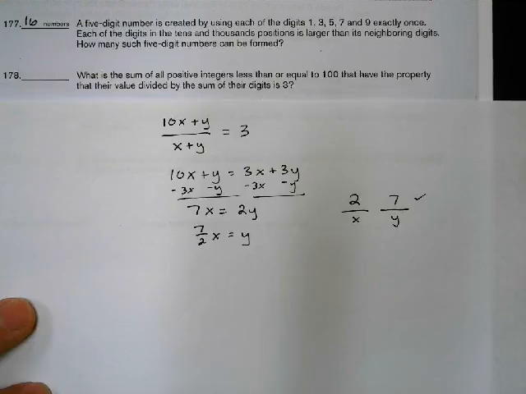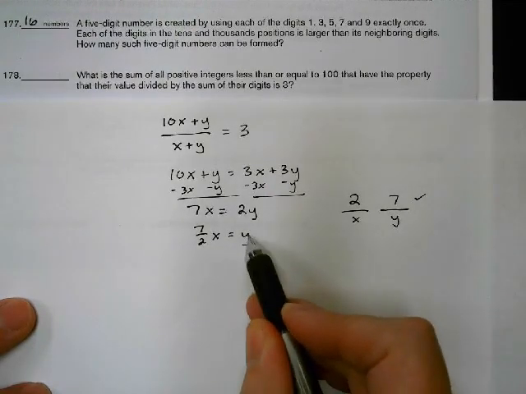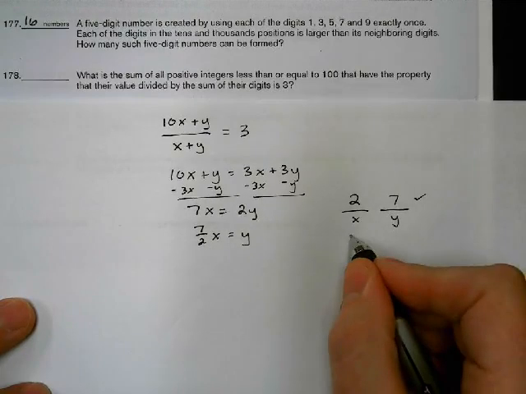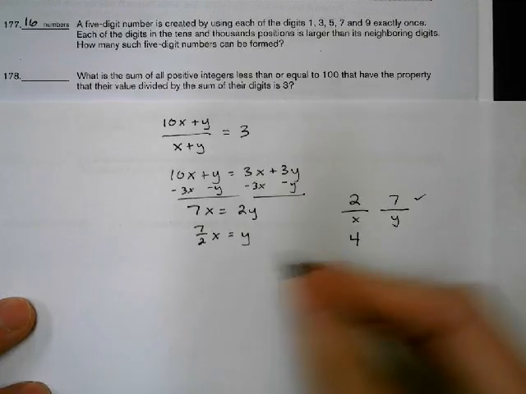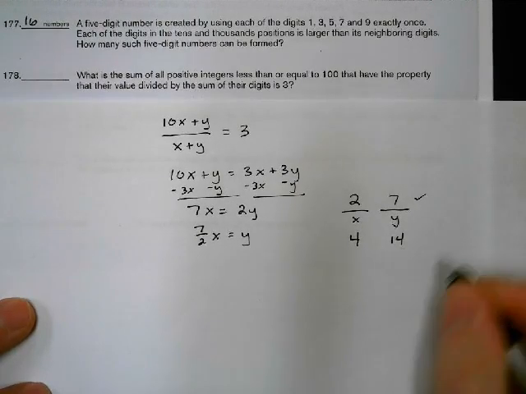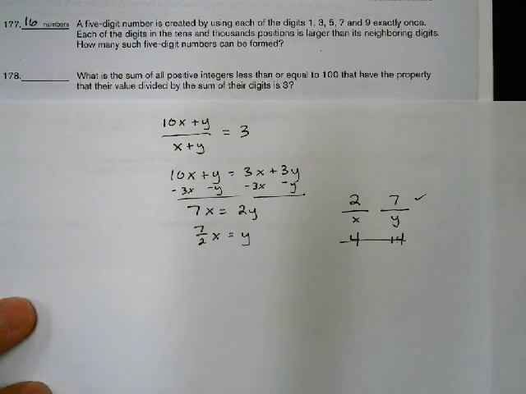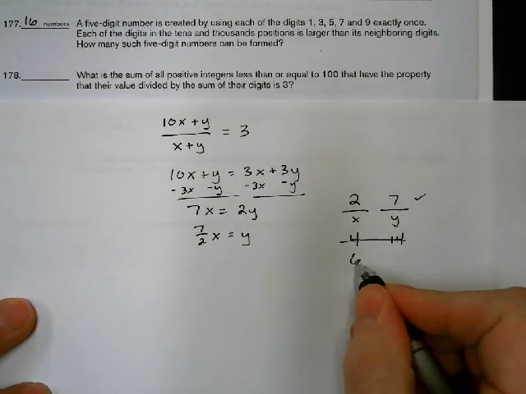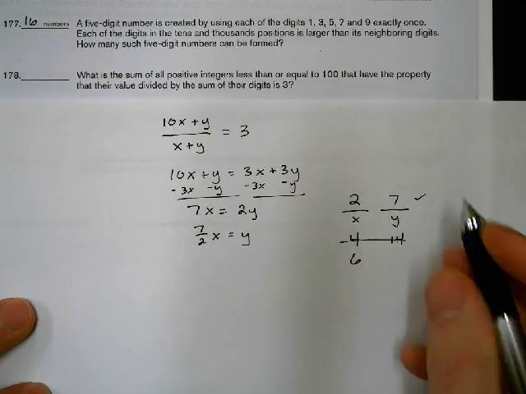So let's try 4. If I plug in 4 for x, I end up with 14 for y. 14 is not a single digit, so I can't use this one. Let's try 6. If I plug in 6, 7/2 times 6 is 21. Again, my y is not a single digit, so that doesn't work.